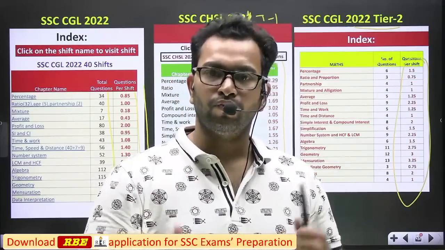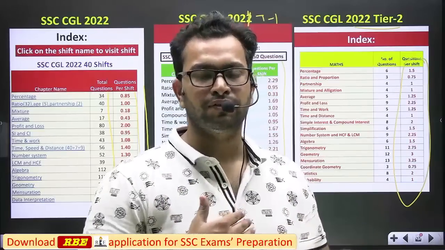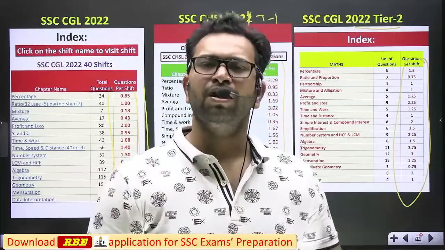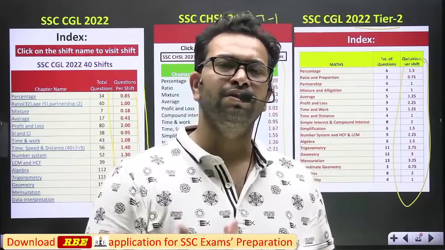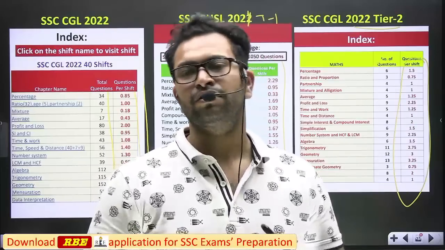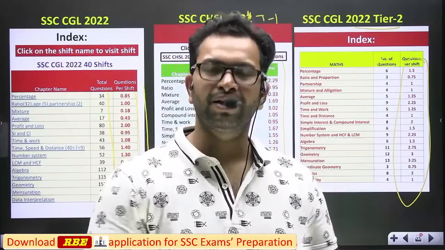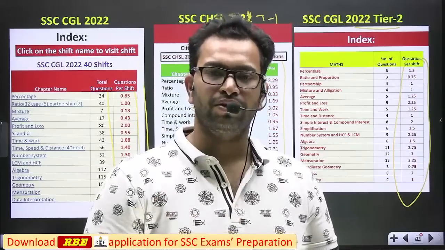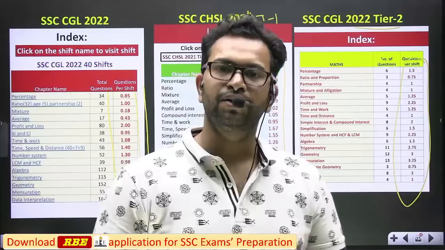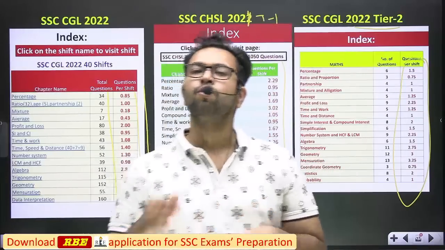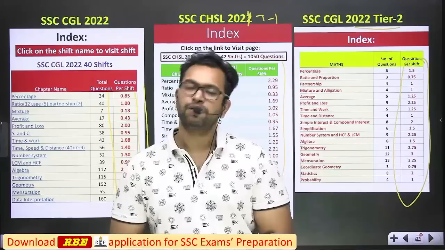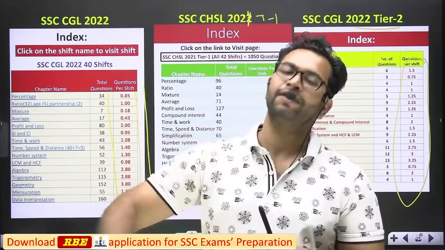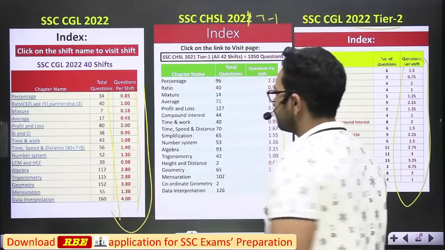But now, with time, SSC is reducing the level of advanced maths, because SSC also understands that if a person joins the department, he will hardly be using his concepts of advanced maths. But arithmetic generally involves real life practical questions, real life calculations that are useful in the long run, right? So focus is more on arithmetic these days, but you have to cover the advanced maths as well, but not very deeply, right?